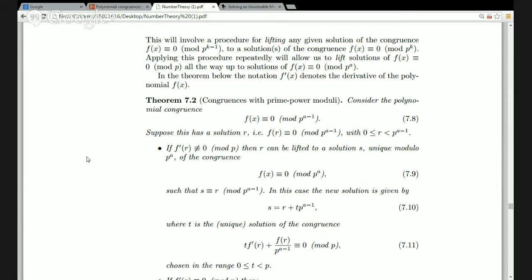Applying this result again lifts them to solutions modulo p cubed. You keep lifting, and eventually you arrive at solutions to your original problem. So this result is about how you lift solutions to one of these congruences from one level, and how they correspond to solutions at the next higher level.